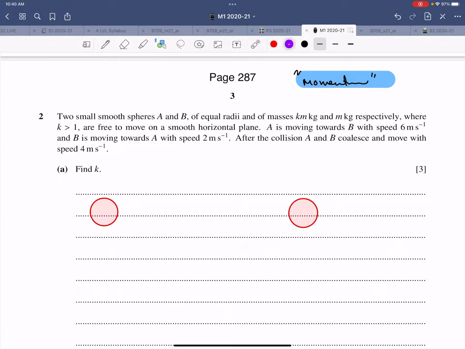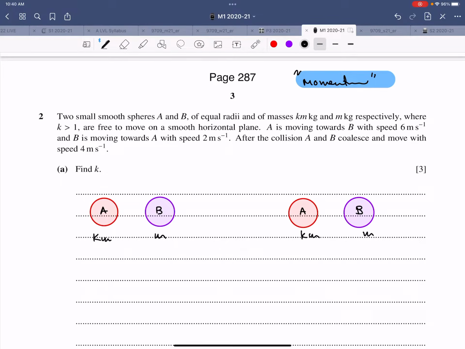So this is A, this is B, and I'm just drawing it more realistically. So this is A, this is B, and this is km, and this is m. So they are moving towards each other.